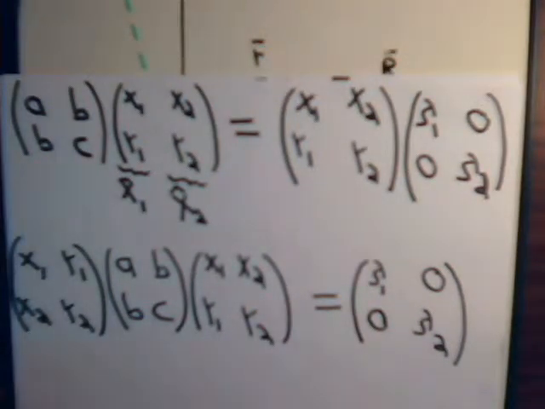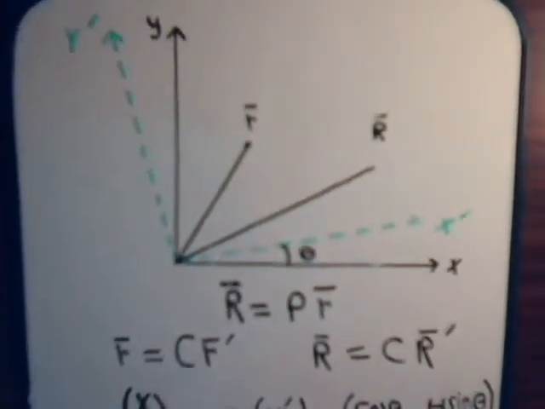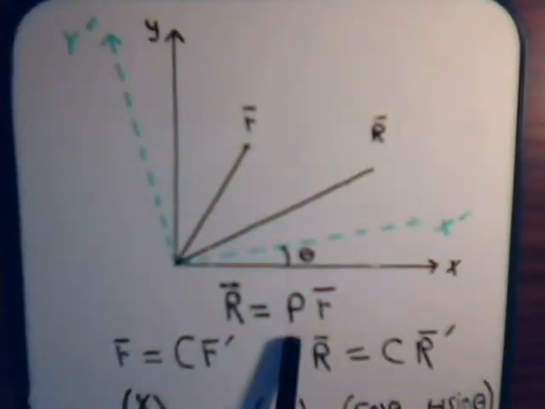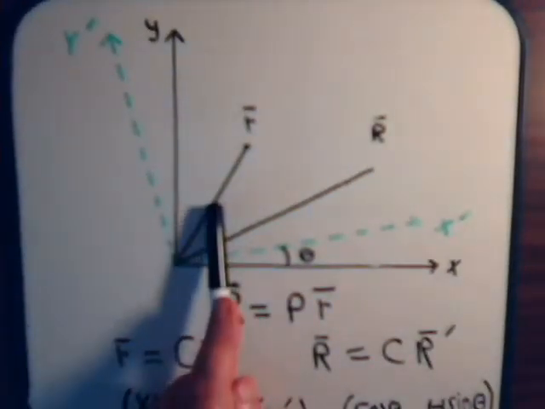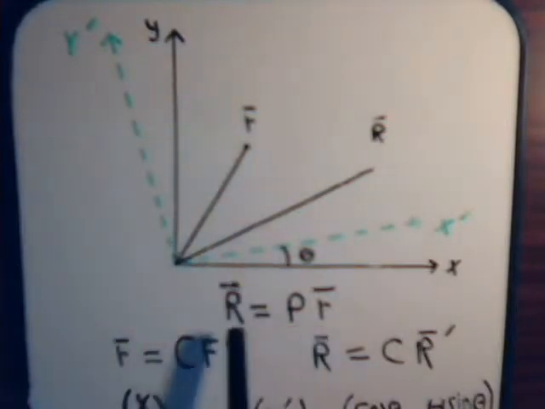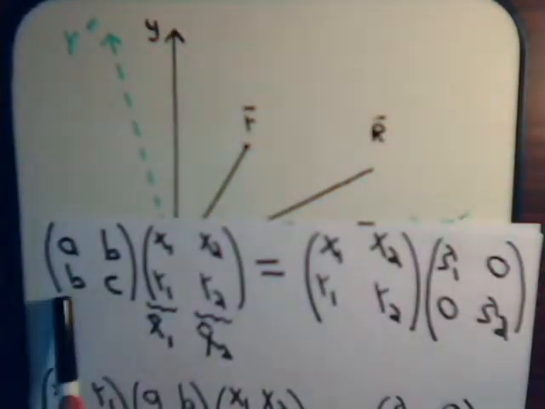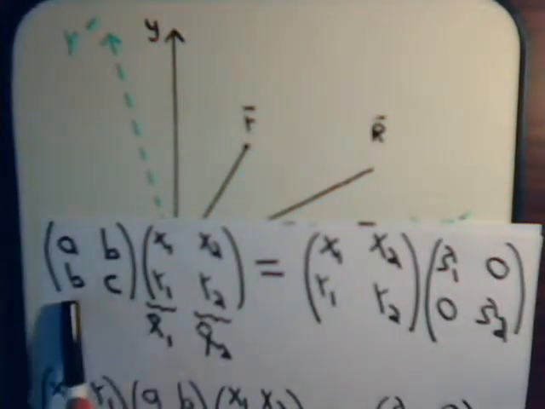Okay, but now we have something else to consider. Let's go back and say that this matrix P that transforms small r into big R in the xy coordinate axis is a symmetrical matrix like this. Then its eigenvectors are going to be orthogonal.